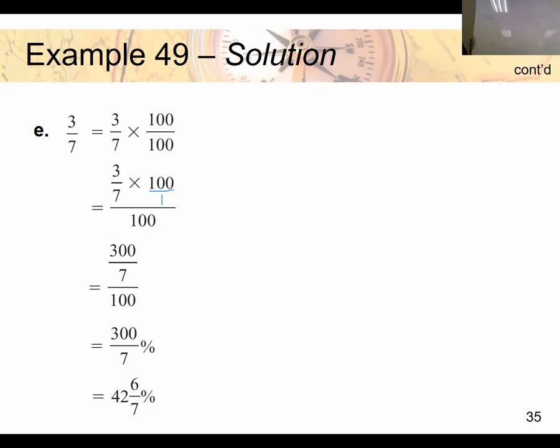I'm sorry. All right. So if I do 3/7, in this case here, all I'll do is simply take that 3/7 and multiply it by 100, okay? And 100 is like 100 over 1.